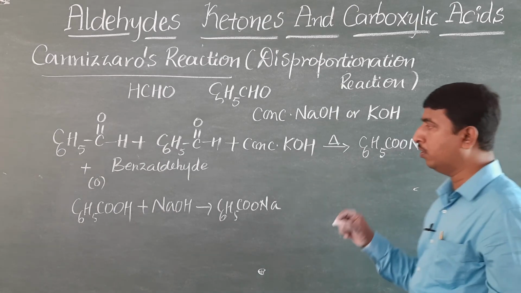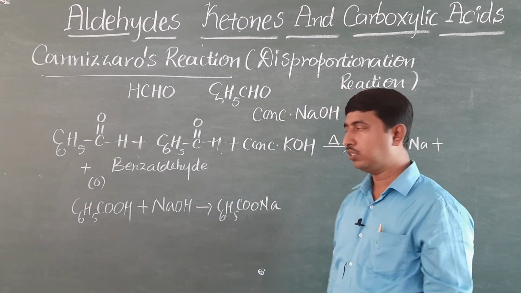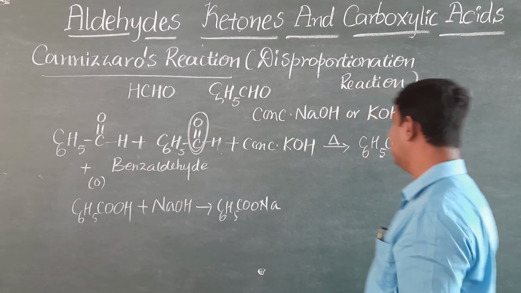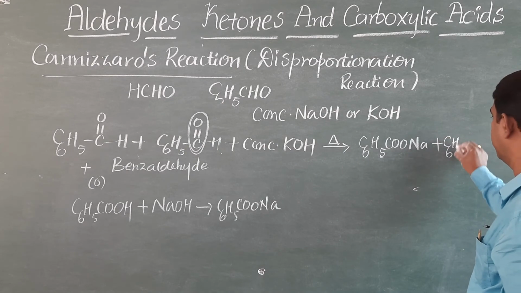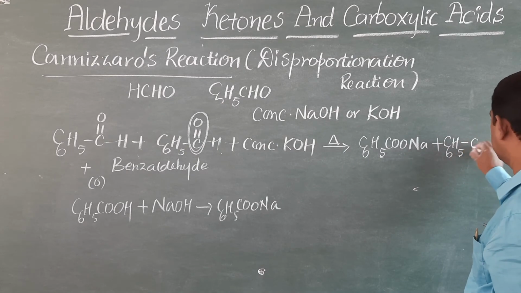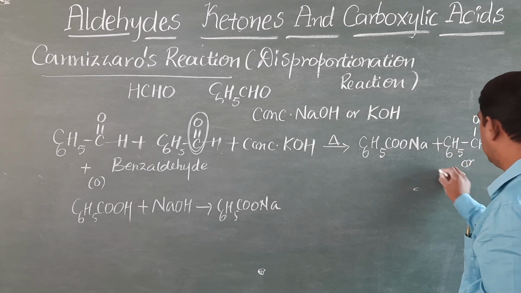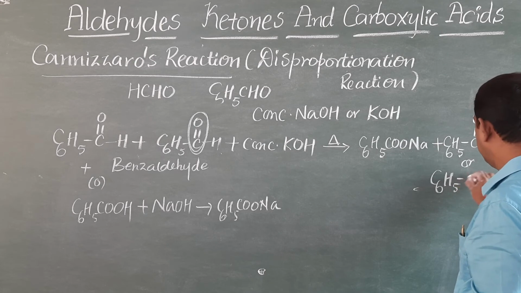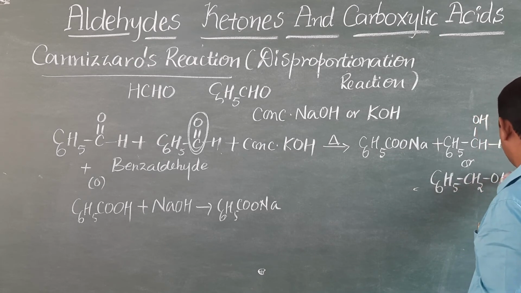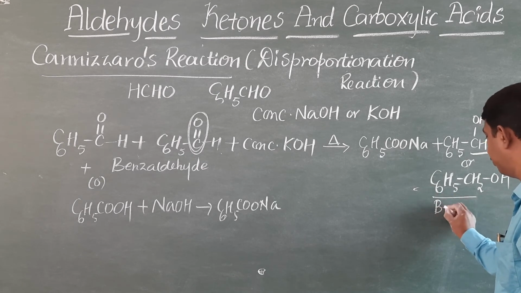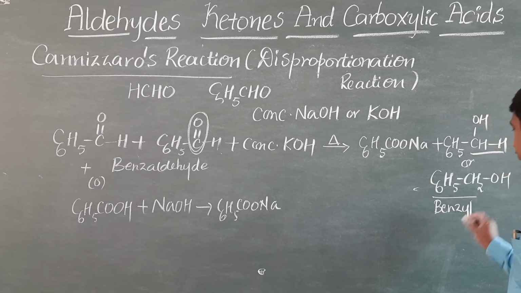Let us write one more product, due to reduction of benzaldehyde. Add hydrogen atoms across the carbon oxygen double bond. So it is C6H5CH2OH. The C6H5CH2 group is called the benzyl group, so this is benzyl alcohol.